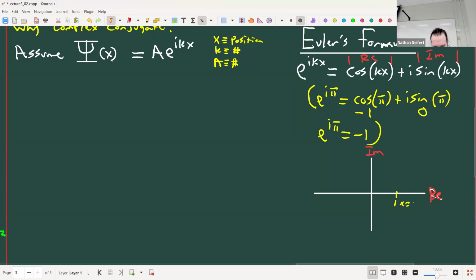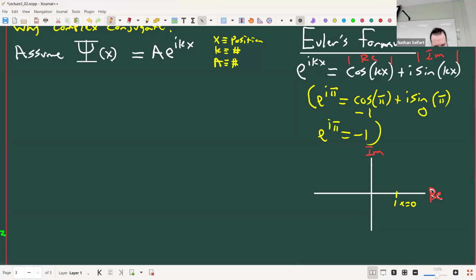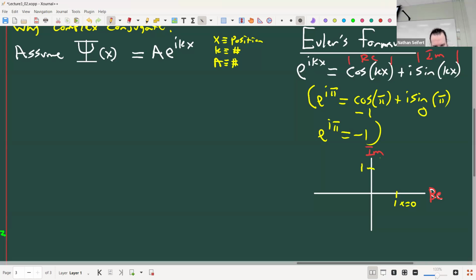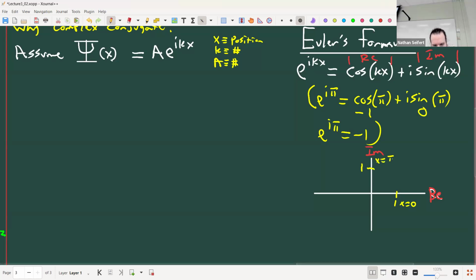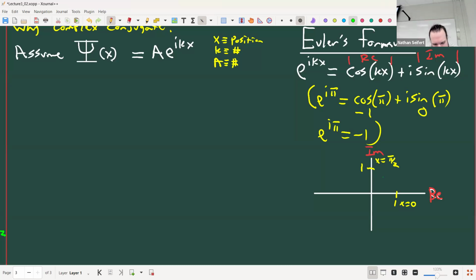This is x equals 0. All right, let's go to x equals pi over 2. Let's say k is 1 here. Cosine of pi over 2 is 0. Sine of pi over 2 is 1, so that's 1 times i. So this is at i when x equals pi over 2. And not surprisingly, as you continue, it just goes around the circle. I don't need to keep showing this to you.